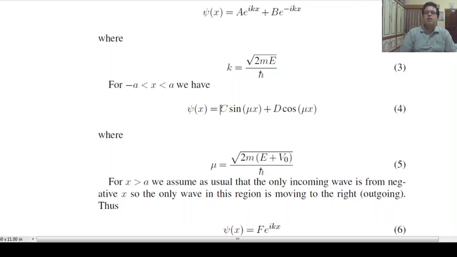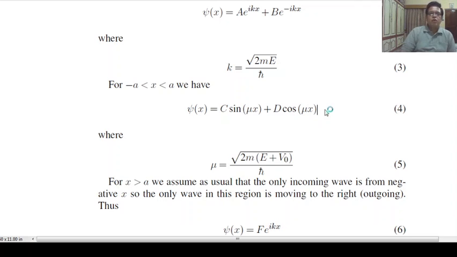This solution can also be taken in the exponential form. This is a different approach. You can take the solution in exponential form e raised to i k x, that is the simple harmonic motion equation, or you can take the equation in sine and cosine form. But the results are the same.